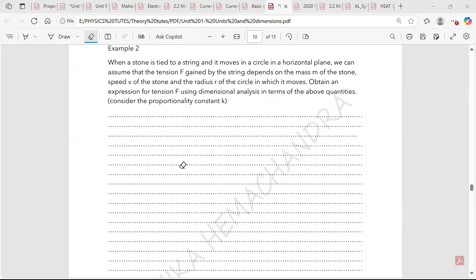You just need to get the derivation for the equation. We can assume that the tension force F in the string depends on the mass of the stone, speed v of the stone, and radius r of the circle in which it moves. Obtain an expression for tension F, that is a force, using dimension analysis in terms of the above quantities. Consider the proportionality constant as k.